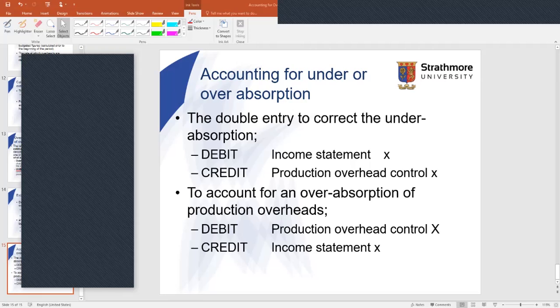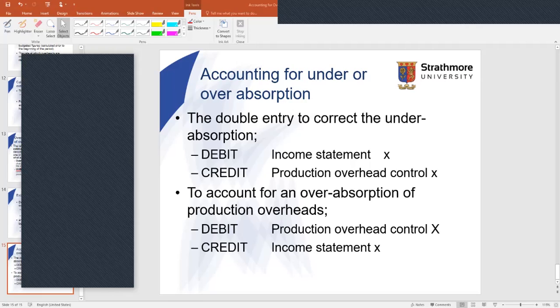Since we have a refund of 5,000, what is it like? If the 5,000 is over-absorbed, then it will be credited. Therefore, it's like an income, and you credit the income.